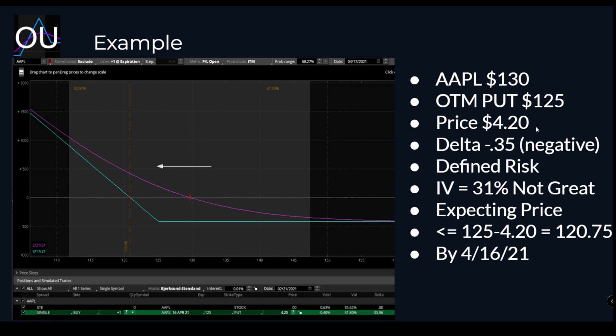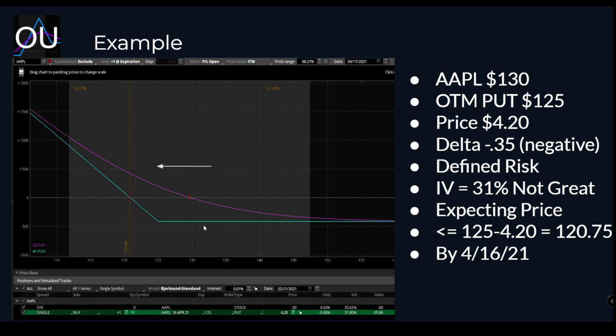The way we use the lingo in options is, in the old days, we used to have to call the broker and say, I would like to buy the out-of-the-money 125 April expiration, April 16th, 125 put for $4.20 limit. That would give you a limit order to buy this at that price at 125. And the delta in here is negative 0.35.